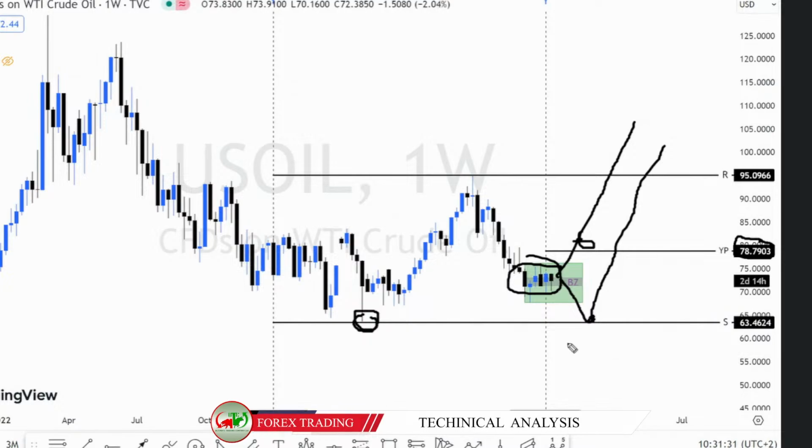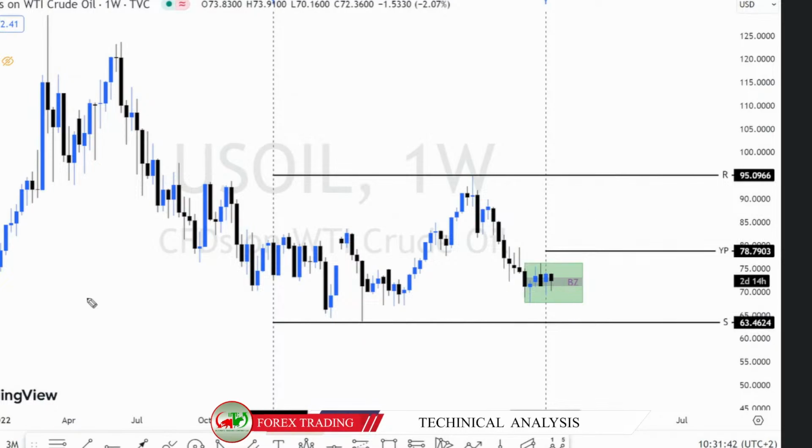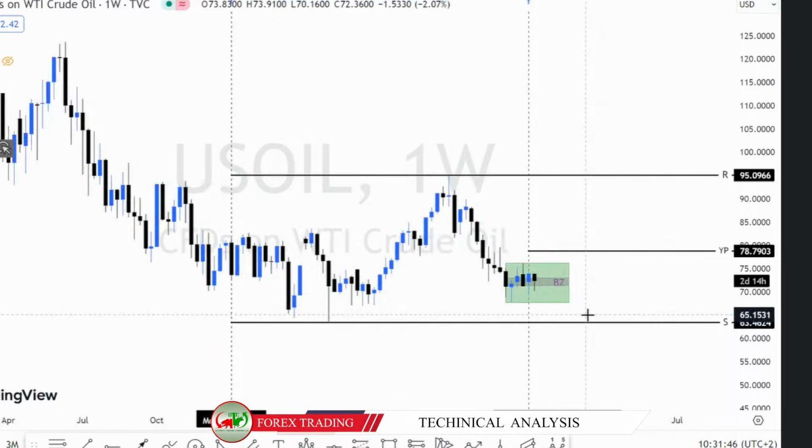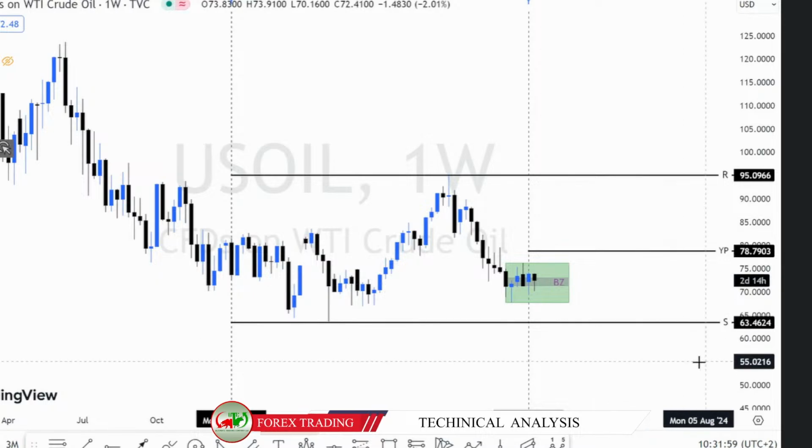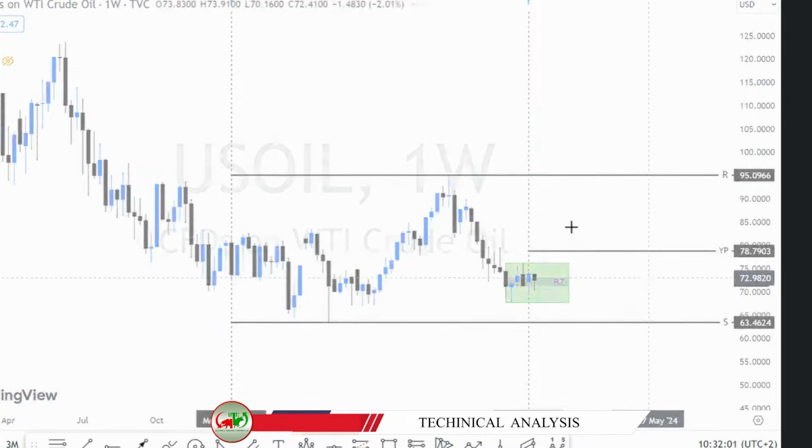And we're only looking for sell opportunities if we get a break and close below the 63 support. We'll be watching how US oil is moving, and every week we'll be updating our overview of the price, since we'll be doing live technical analysis of these top 10 markets every Wednesday.